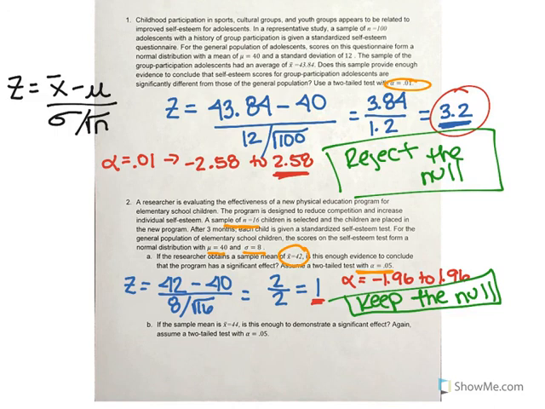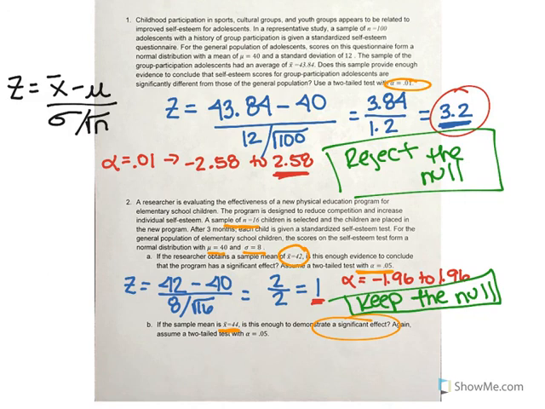Now, part B is using the same information. N is going to be 16. Our population mean is going to be 40, and our standard deviation is going to be 8. The change is I'm changing that sample mean to 44. So I'm saying, okay, let me increase my sample mean from 42 to 44 and now see if there is a significant effect.